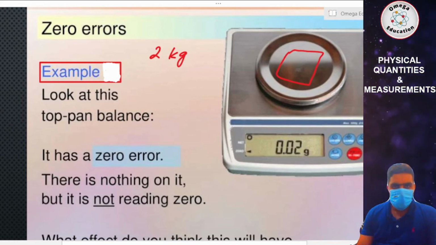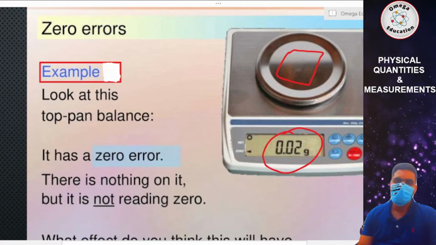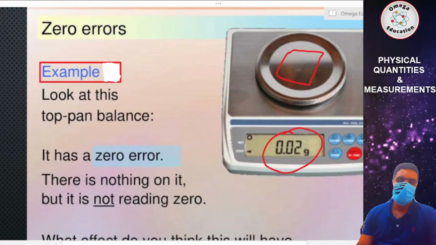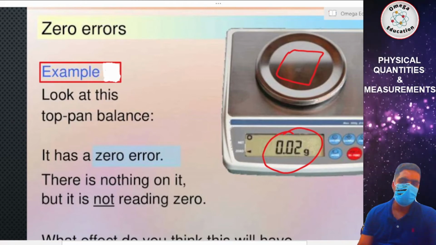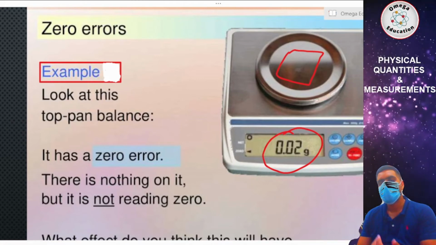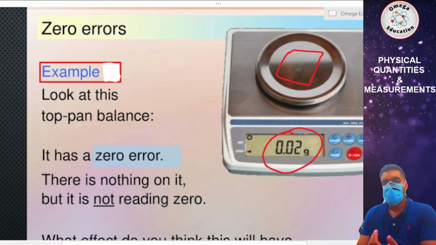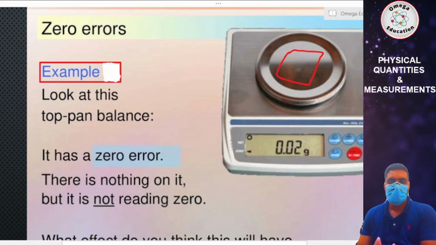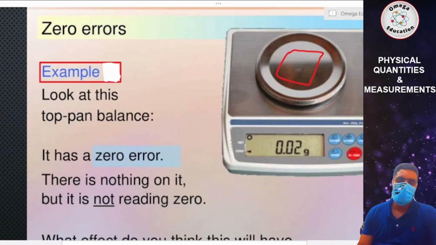The first thing that you'll need to notice is the scale should start from 0. Otherwise we'll argue, why is it not starting, why is it already showing some number, or why is it showing a mass of 0.02 grams even if we have not placed any mass.